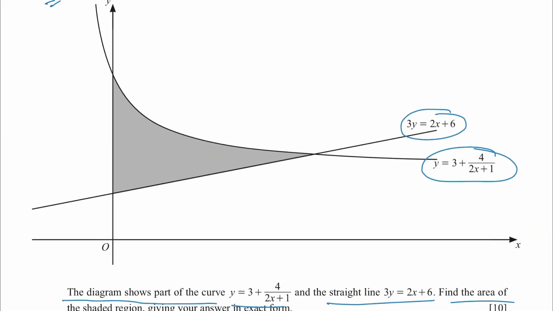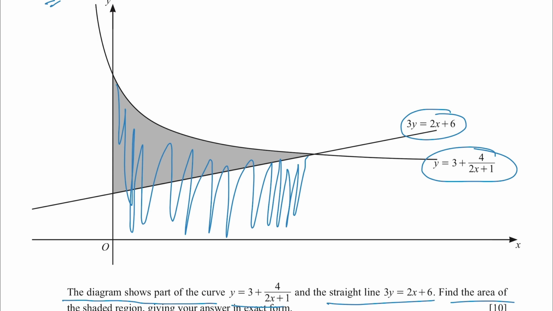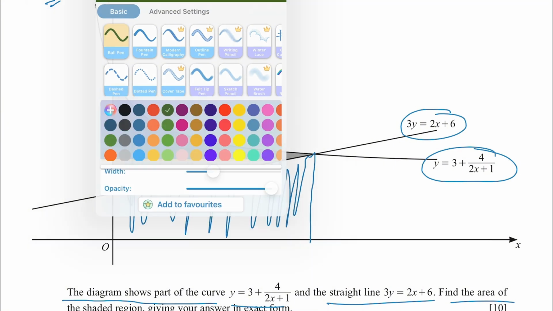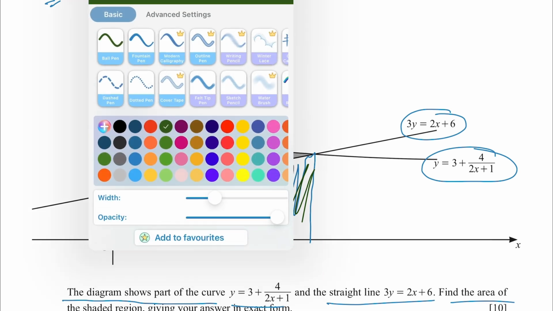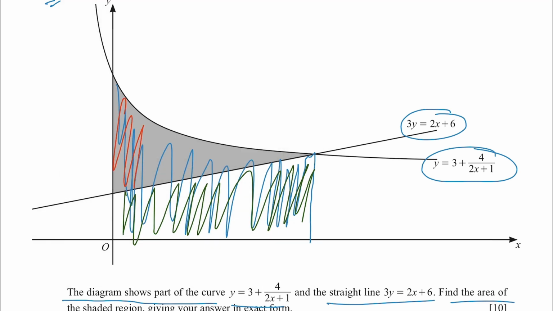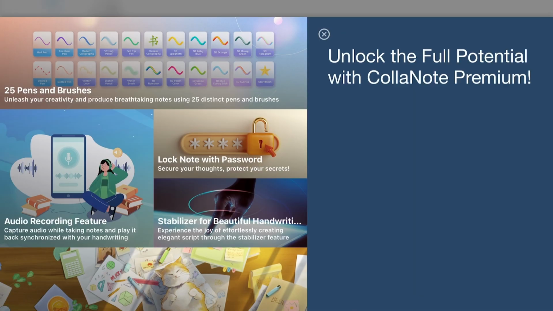If you look at it carefully, we have this area under this curve till this point, and if we remove the area under this line, we get our final shaded region, that is something like this. So what we'll be doing is subtracting the line's area from the curve's area.